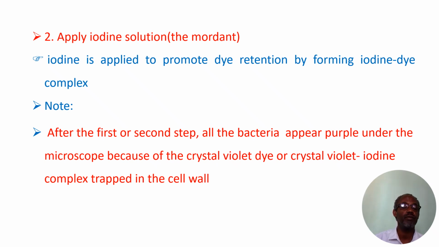Before we move to the third step, after the first and second steps, all the bacteria appear purple under the microscope because of the crystal violet dye or crystal violet iodine complex trapped in the cell wall. You see? Then the third step is decolorization.